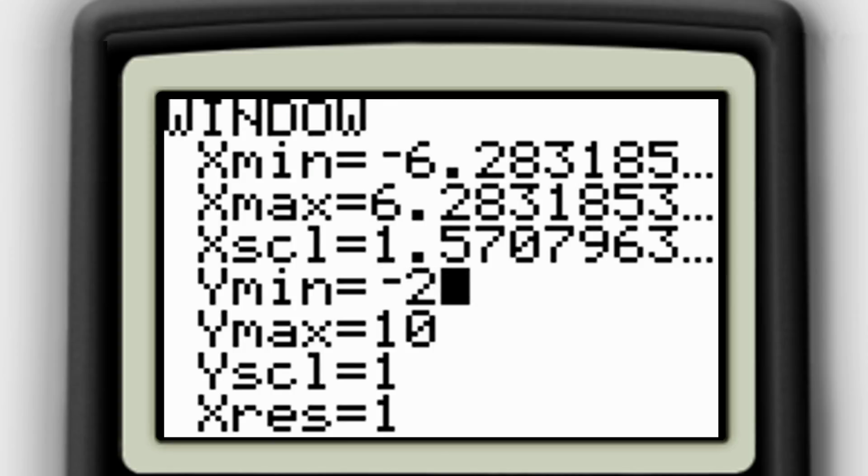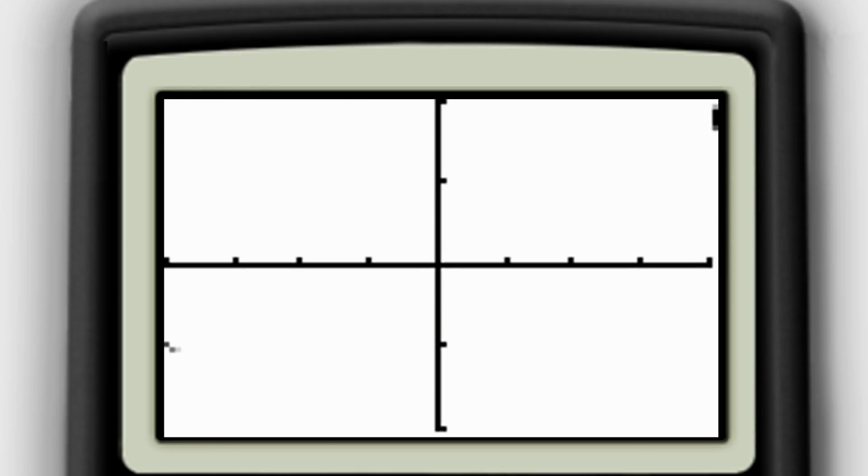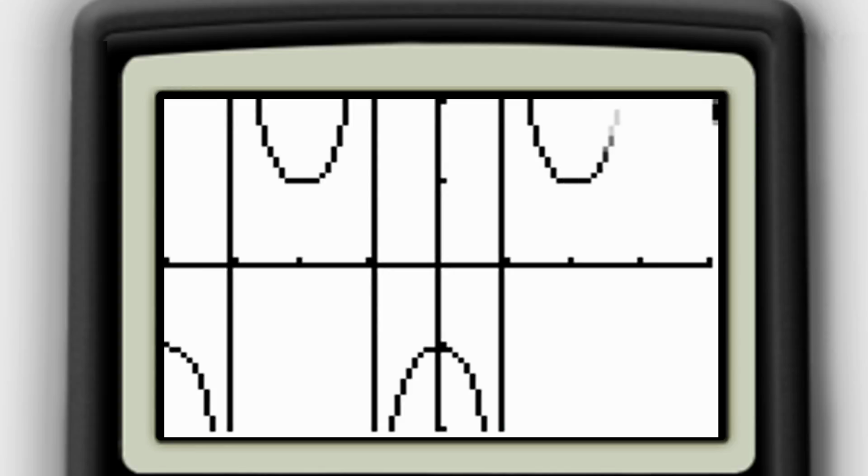And our y min we take as negative 2 and y max as positive 2, and our y scale will count by 1. So now we're all set. If we press our graph button, we should see our graph being traced out, which is, again, the graph of negative secant theta. So it's the graph of secant theta flipped across the x-axis. So it should look pretty familiar to us.